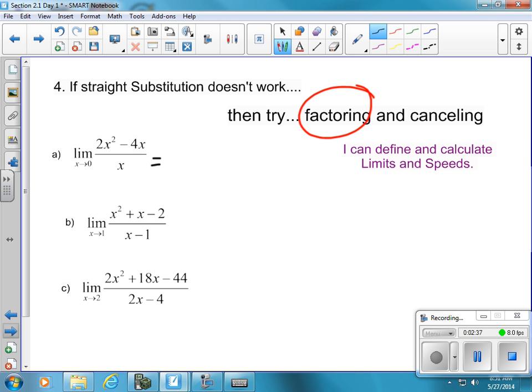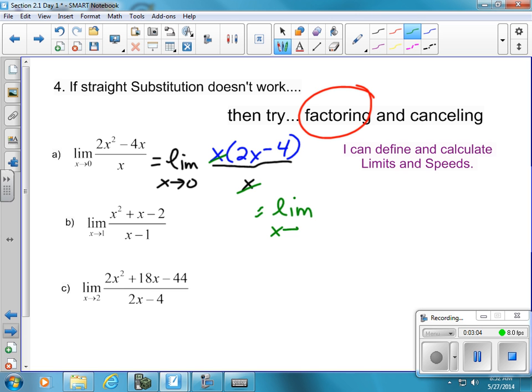So if we look at the top of this function, we'll keep the limit as x goes to 0, so remember what we're doing. We're going to factor out on the top. Sorry, you guys will learn that I have a crazy board. You're going to have to factor out an x, and here you have 2x minus 4. If you factor out that x and you have an x on the bottom, they cancel out, and you're left with the limit.